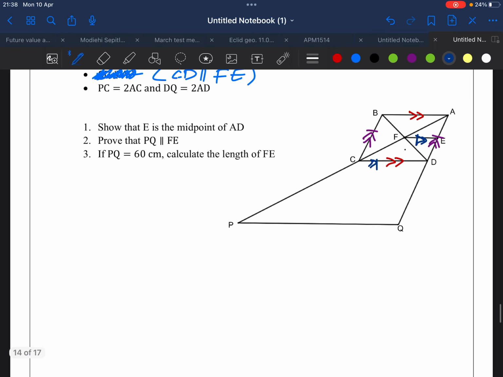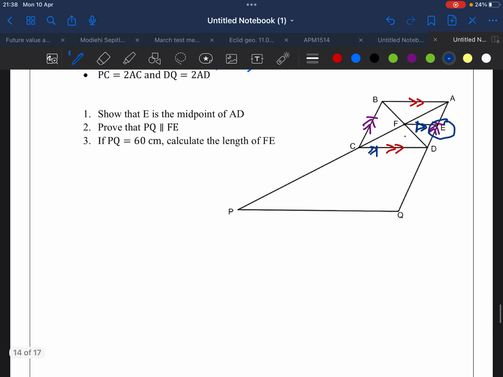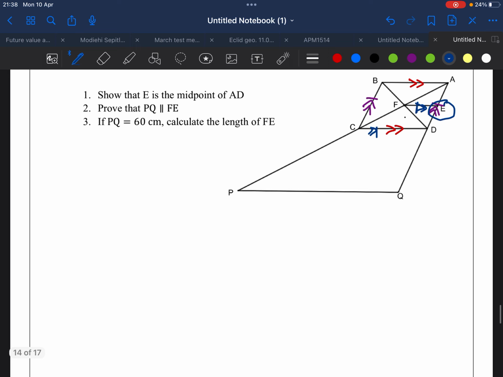Now we need to show that E is the midpoint of AD there. But for this to be true, according to the midpoint theorem, AE must be equivalent to ED exactly, for E to be a midpoint.